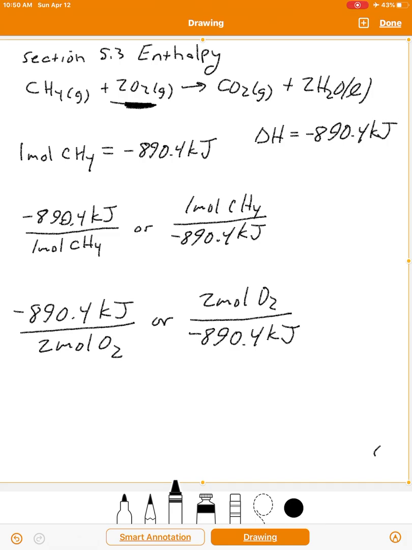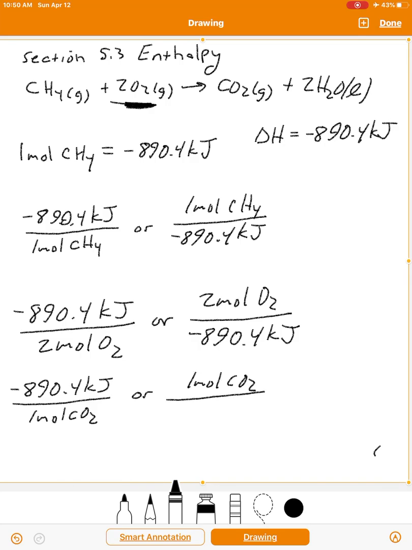So I can do it for either reactant. Likewise, you can do it for either product. So I could say minus 890.4 kilojoules of energy is what's released when you form 1 mole of CO2, or 1 mole of CO2 is produced when 890.4 kilojoules of energy, or enthalpy change, occurs for this particular reaction.